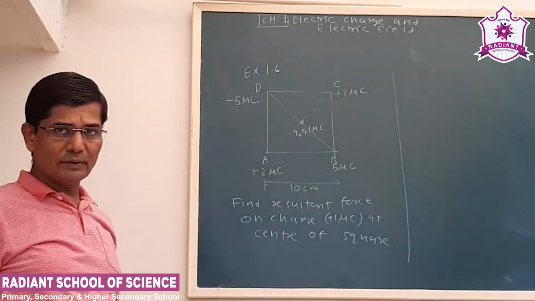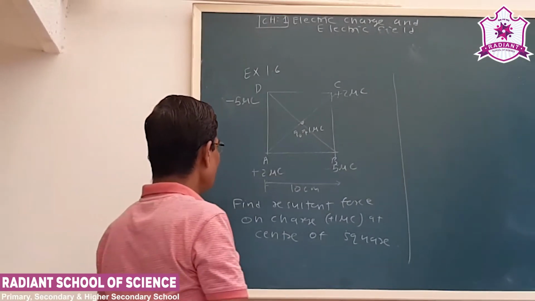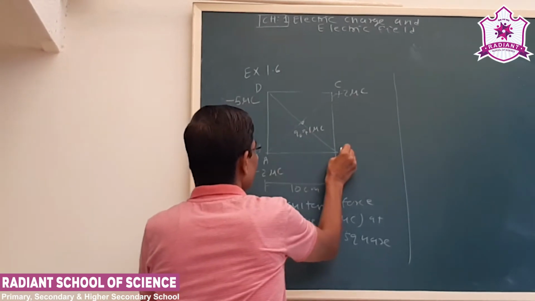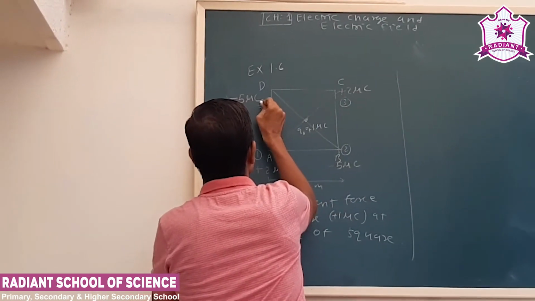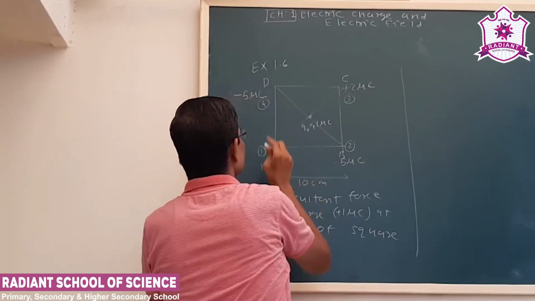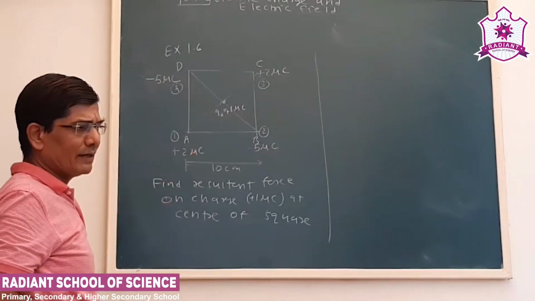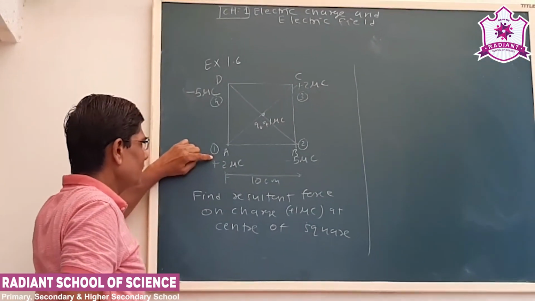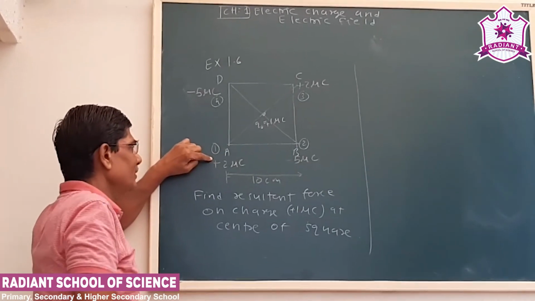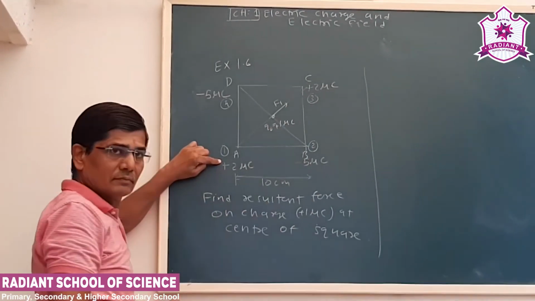Now we know the Coulombian force depends on the polarity of the charges. Let us say the charges at A, B, C, D are 1, 2, 3 and 4. Now see the force on the 1 microcoulomb charge. The force because of the plus 2 microcoulomb charge will be repulsive, so this will be F1.